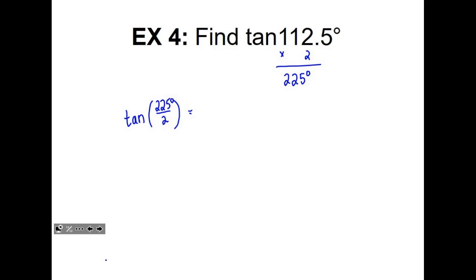Second quadrant, right? So 112.5 is in second quadrant. Tangent, is that positive or negative in the second quadrant? It is negative, because you would have a negative positive here, and tangent is sine over cosine, so that would make it negative there.